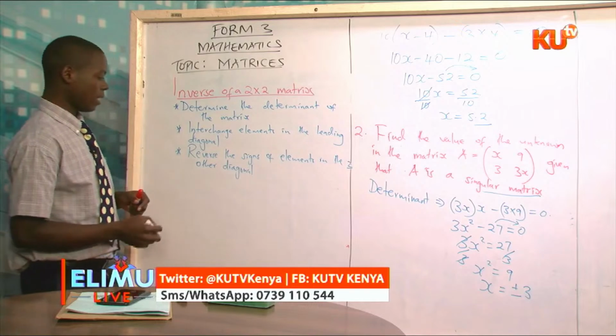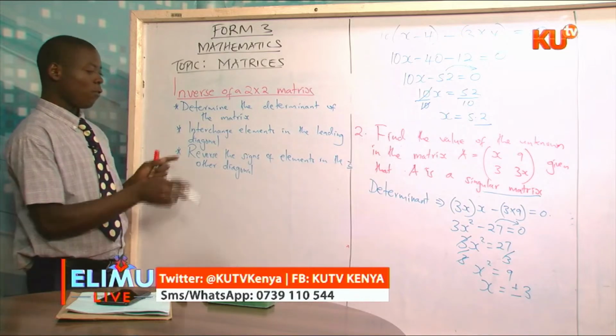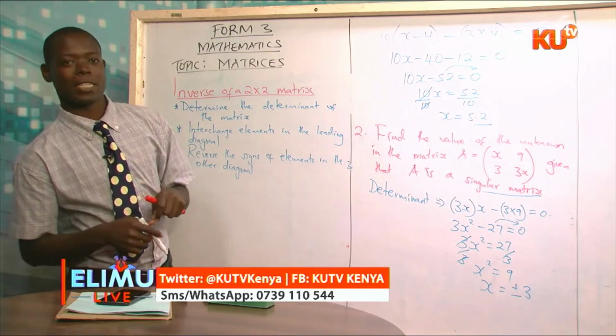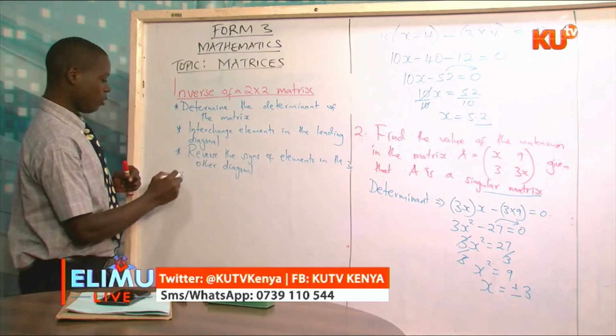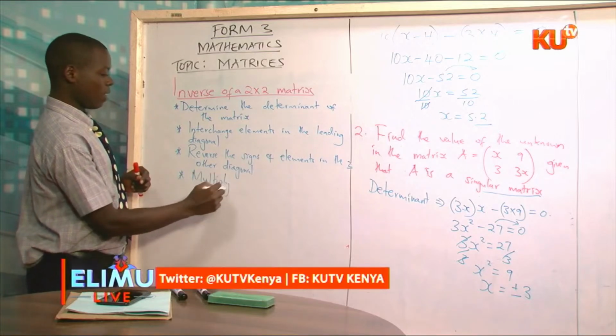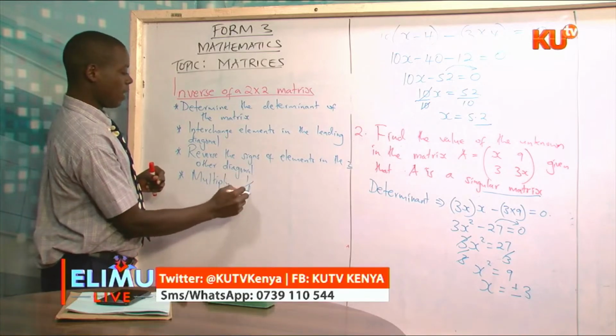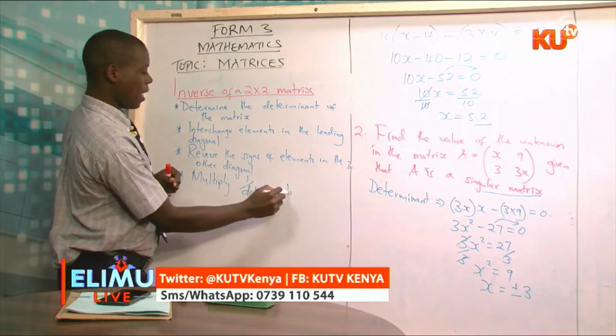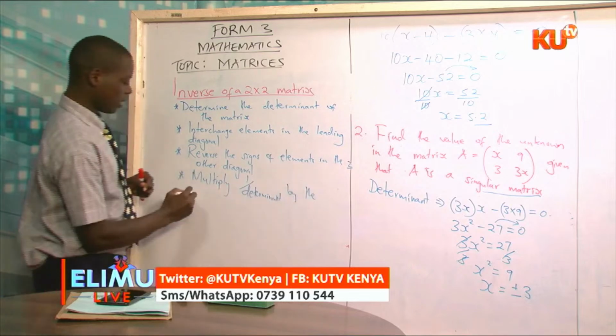That is number three. And then after you've reversed the signs and interchanged the elements, you obtain a new matrix. So the last step that you do, you simply multiply 1 over the determinant by the resulting matrix.